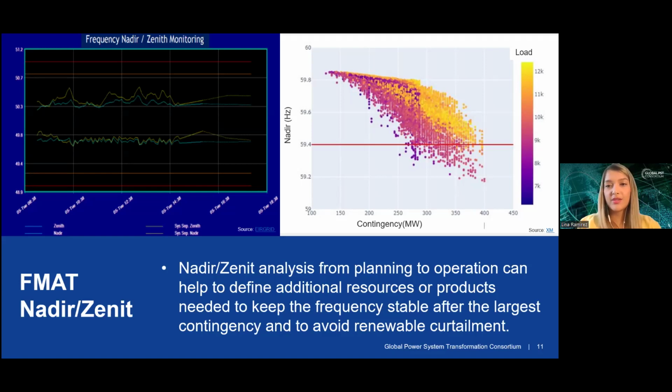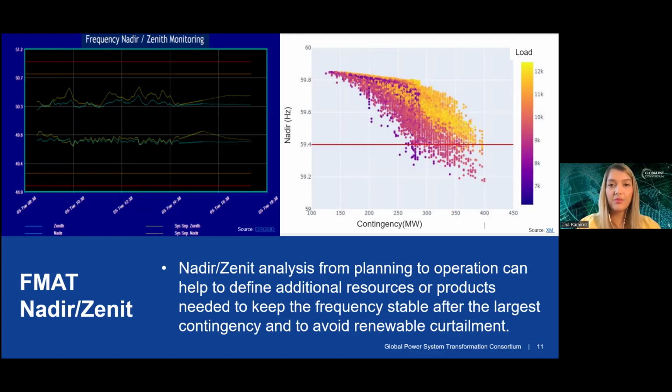Also, to the right, we can see how the system operator in Colombia, XM, is developing some flexibility studies, and they are considering in the planning studies, in the resource adequacy studies, how the nadir is evolving, and whether for those dispatches in the following years the nadir is below the threshold after the largest contingency.